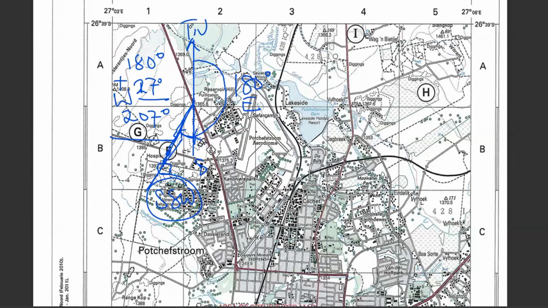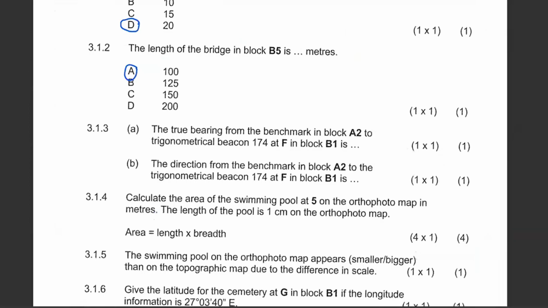If it's 27, it means we are still in the zone of southwest. So we can safely conclude that our bearing is 207 degrees and our direction is south-southwest.